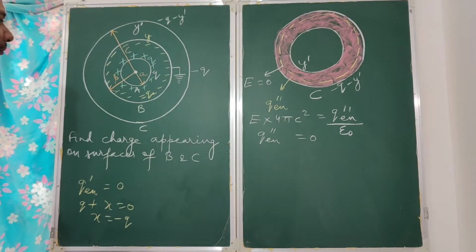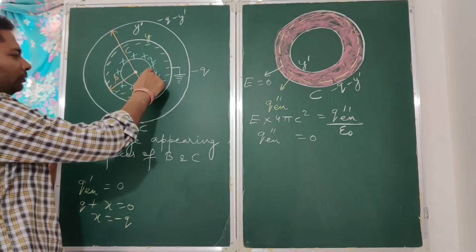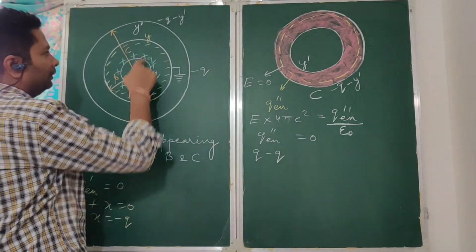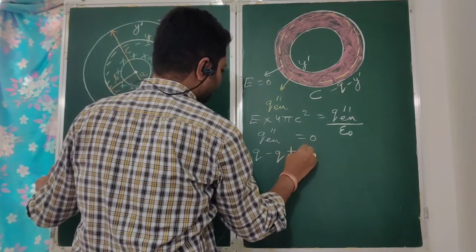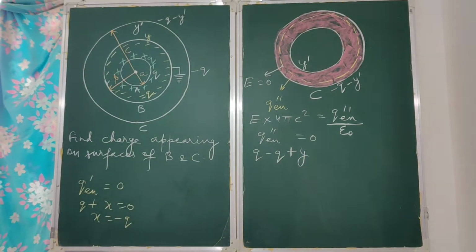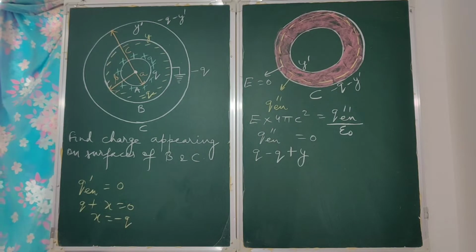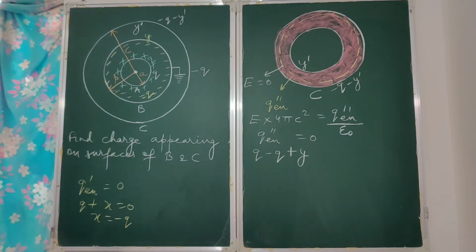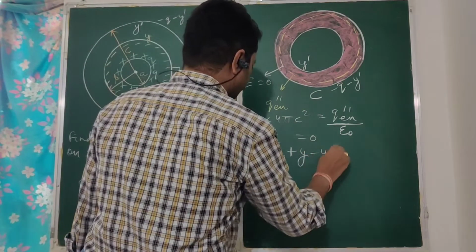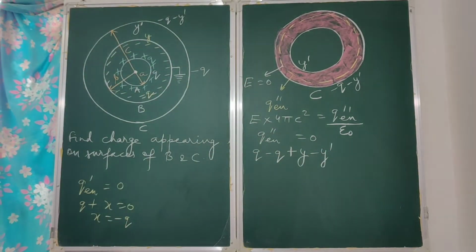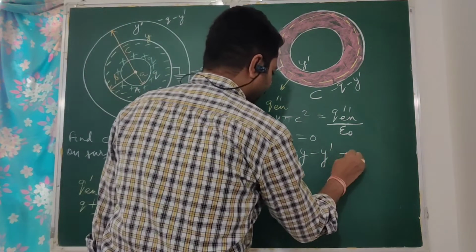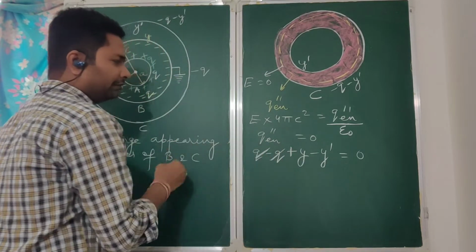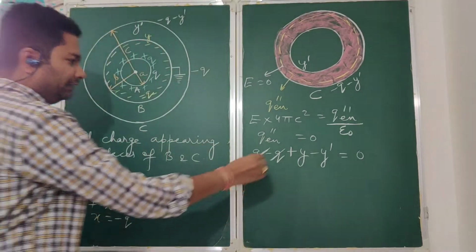So now let us put it. It is q minus q plus y minus y dash, and that is equal to 0. So now what do we get from here? You get, sorry, y plus y dash.